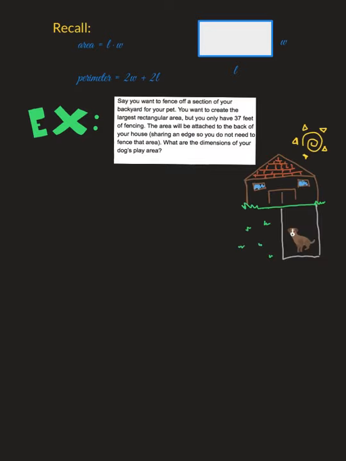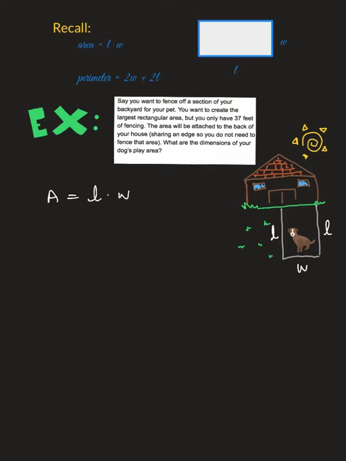Okay, so here is my picture. What I want you to realize is that with our rectangular area, the side length that's attached to the house is not being used. So in this picture, we actually have two lengths and only one W. Let's write out everything that we know. The area is equal to length times width.